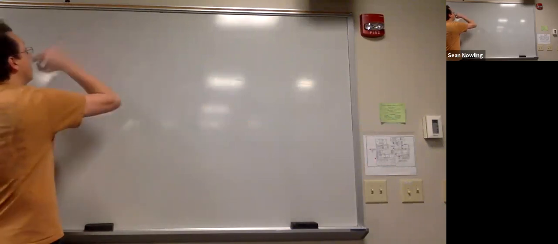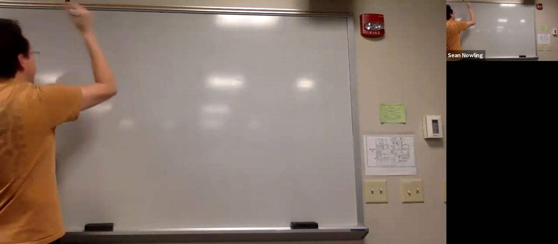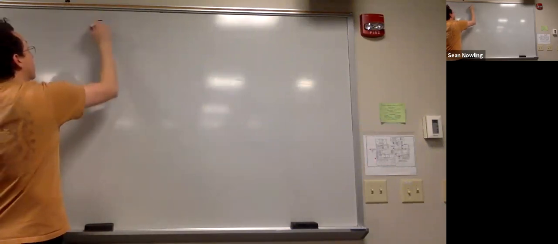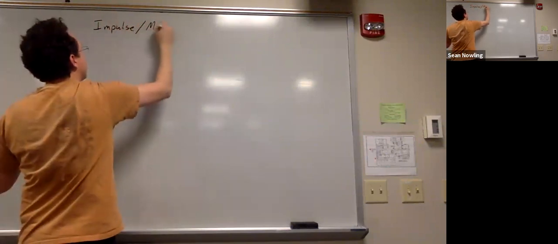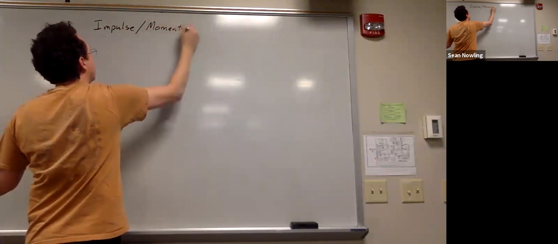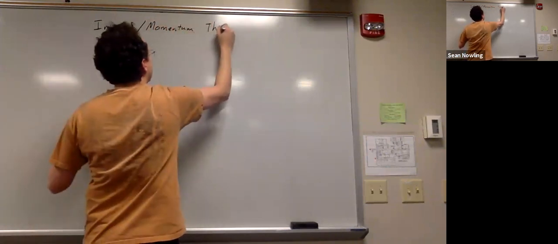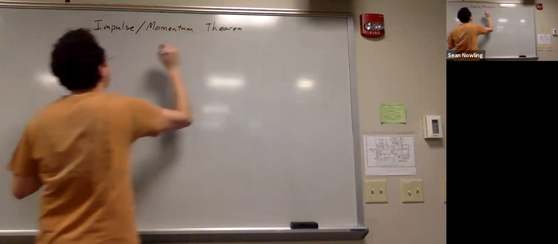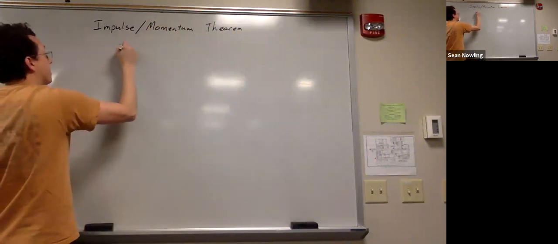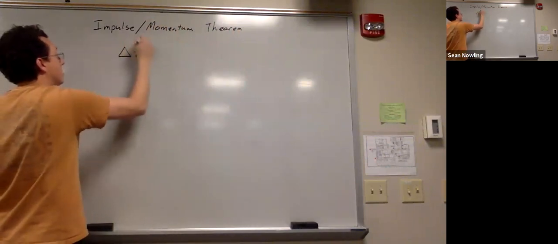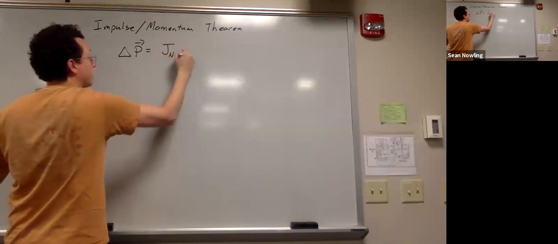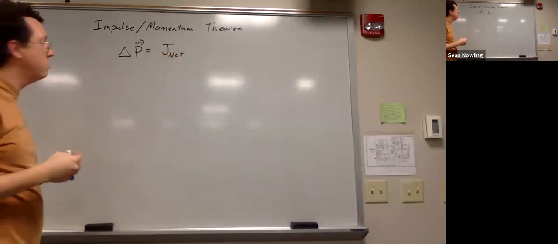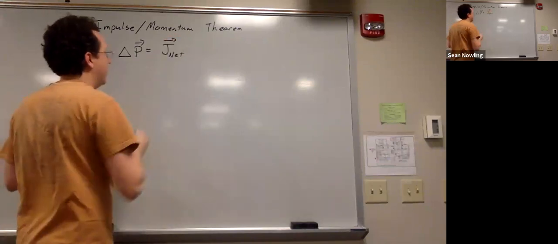So our theorem is called the impulse momentum theorem. It states that the change in momentum equals the impulse, and it would be the net impulse. So you'd have to find the impulse from every individual force, and you add them up.